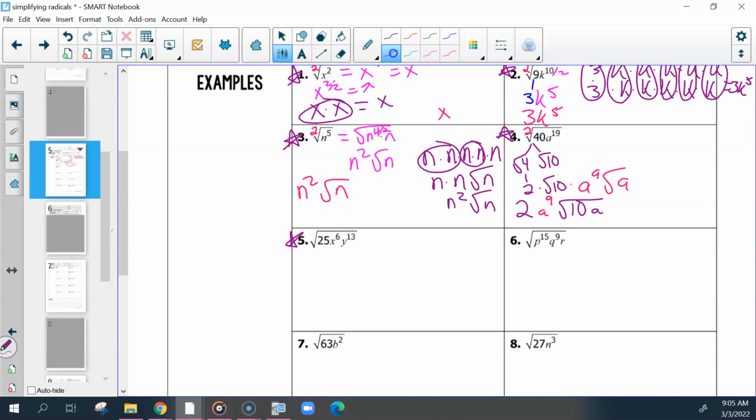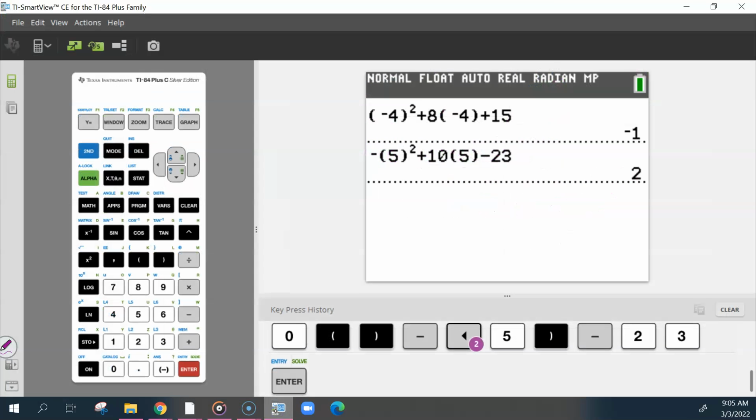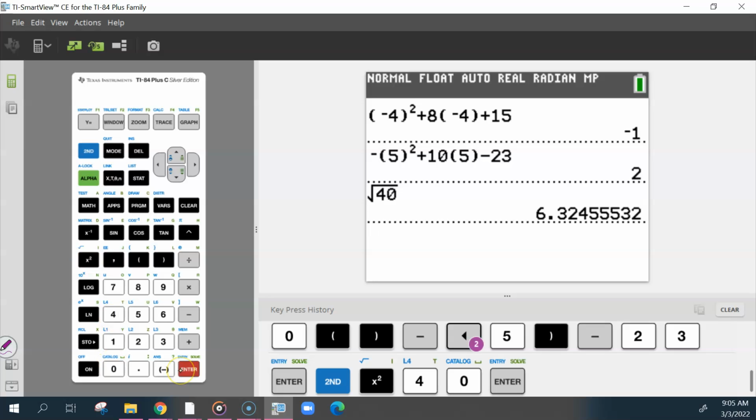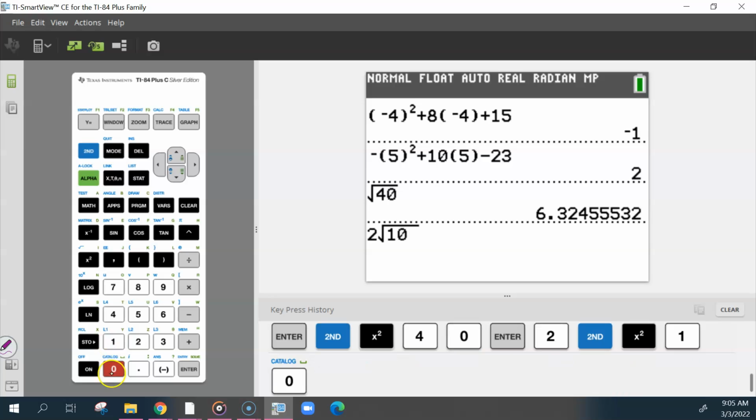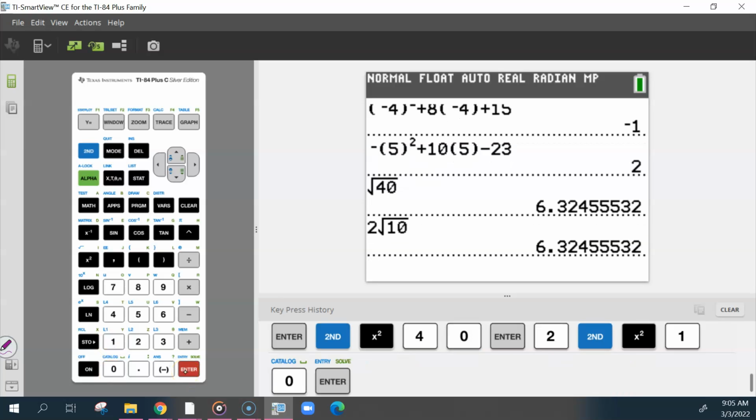These get harder to check because there's no way to really check the variables. We can still check the number, but we can't check the variables. So I can say the square root of 40 is 2 times the square root of 10, and I know that part is right, but there's no way for me to really know about the variables. That's where it gets a little tricky, because you have to have done it right.